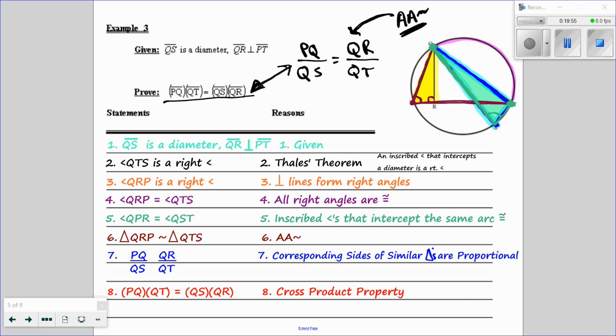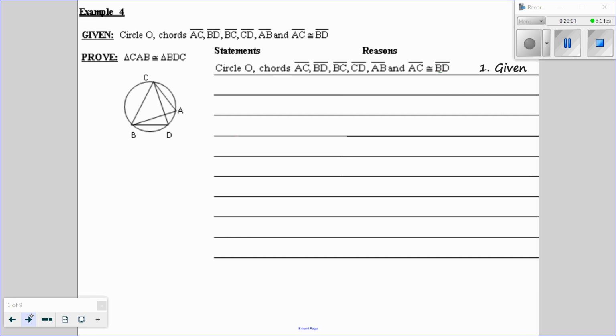All right. Simon says, let's do one more. So let's do one more. Here we got a bunch of given chords, a circle, AC congruent to BD. Those are segments, AC congruent to segment BD. Good to know.